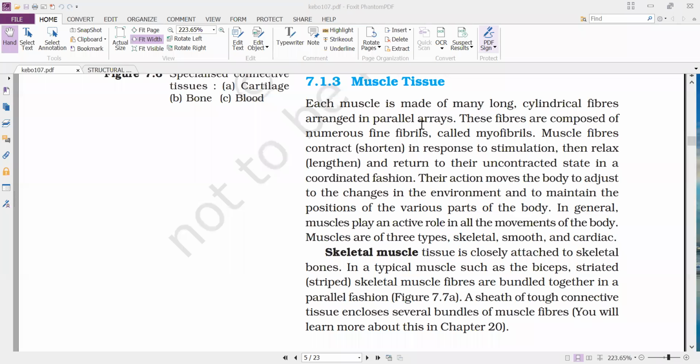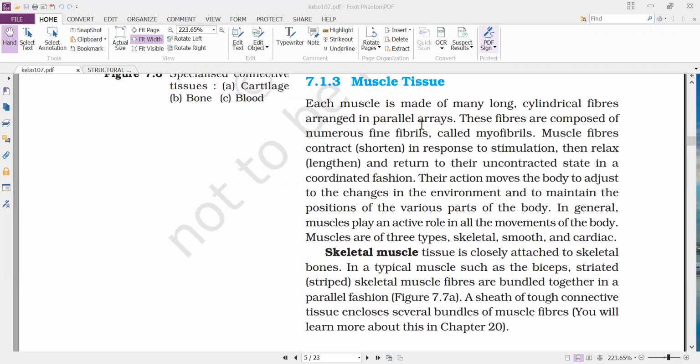You are moving your tongue, you are moving your eyes, you are moving your hand, you are moving your legs. The different parts of the digestive system are moving. The heart is undergoing contraction, relaxation, and pumping the blood. The blood is flowing in the blood vessels.